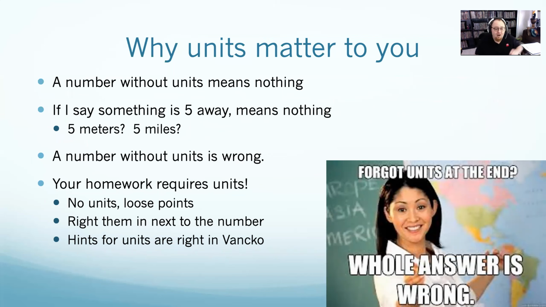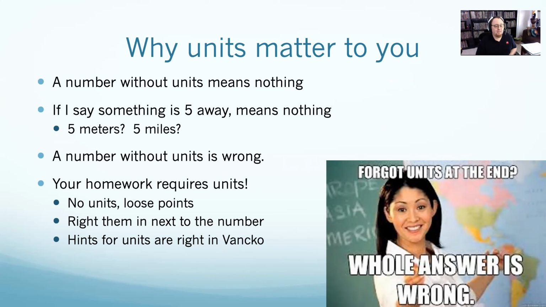That being said, on homework, I do require units. Anytime you put a number, there are some times where units aren't necessary, but they're few and far between. You must label your units. Every time you have a missing unit, you will lose half the points for the problem. Now, of note, I've said before that the homework system will give a GIF or a meme every time you get the problem right.